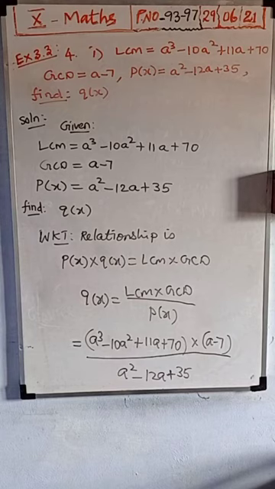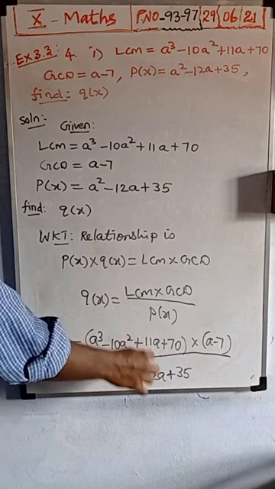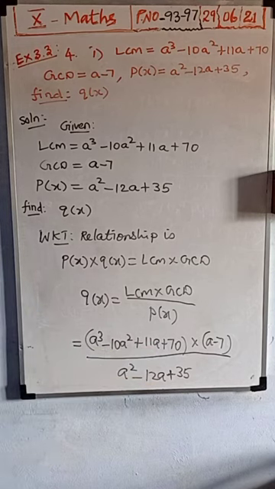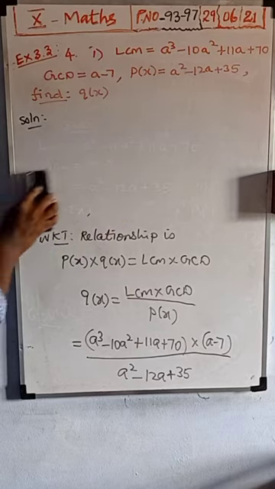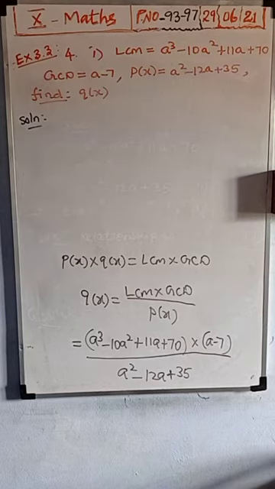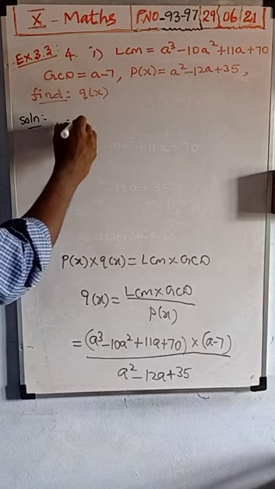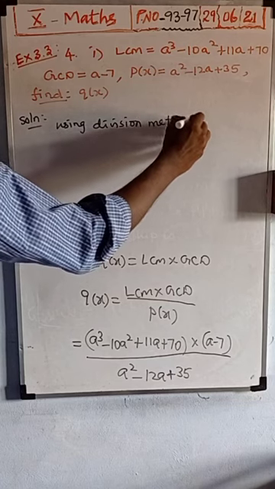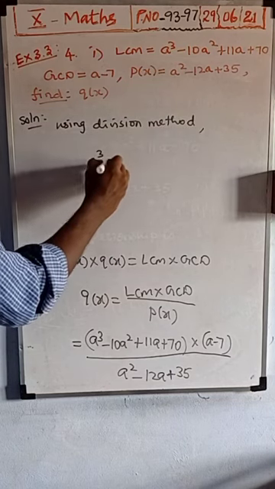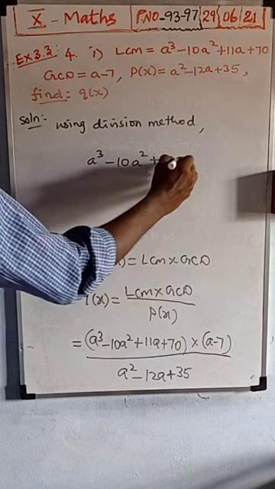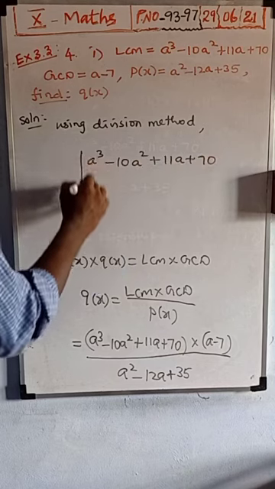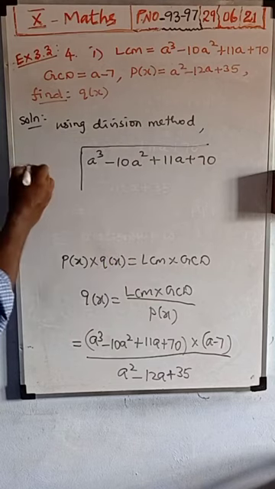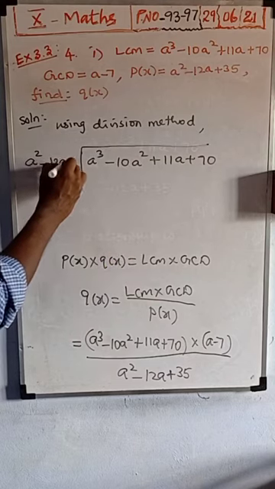Now how do we cancel this? You see, in the denominator a quadratic polynomial is given, in the numerator a cubic polynomial is there. So these two first you should divide. This cubic polynomial and quadratic polynomial first you should divide. Here dividing, we will easily get the answer. So using the long division method, a cube minus 10a square plus 11a plus 70, you should divide by a square minus 12a plus 35.